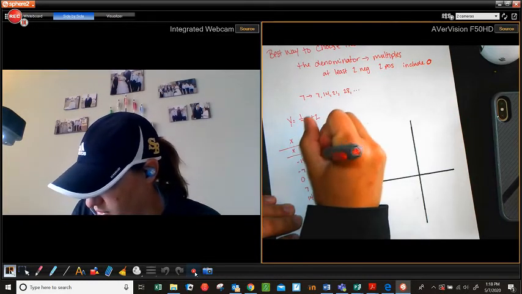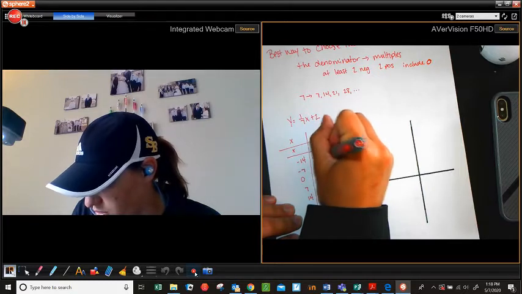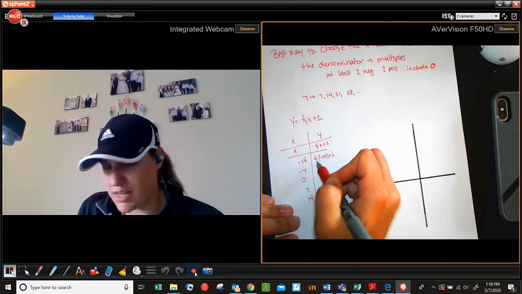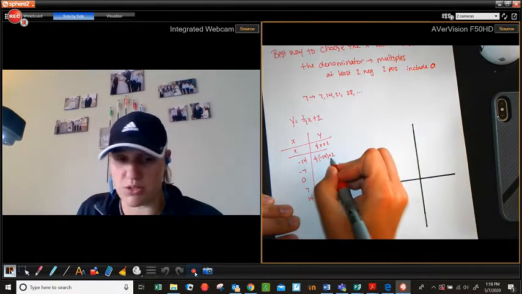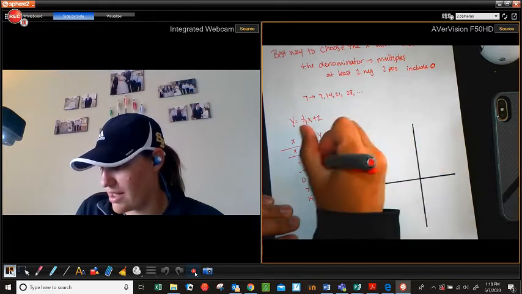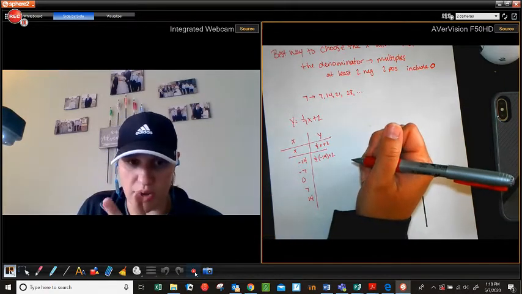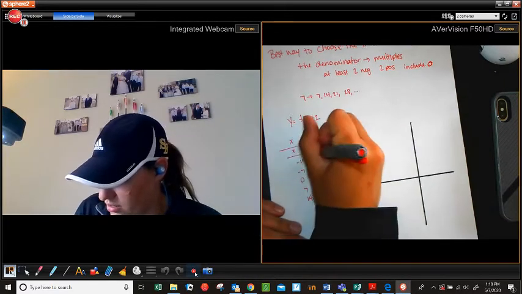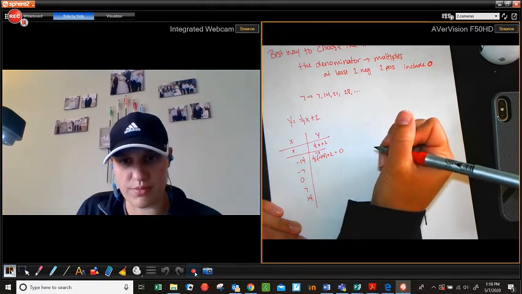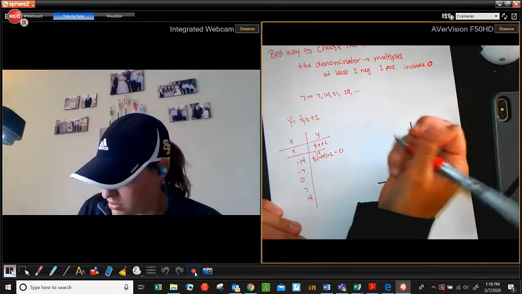So we have 1/7 times -14 plus 2. So I'm still substituting in. The 1/7 won't change, and the plus 2 won't change. Alright, so when I multiply those, 7 goes into 14 twice. So this is really -2 plus 2, which is 0. Nice pretty numbers.